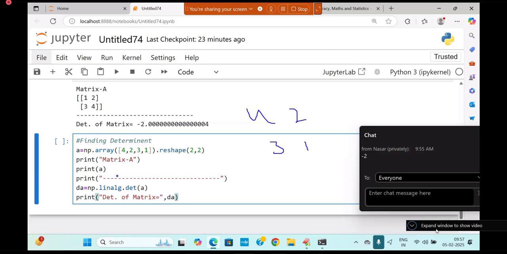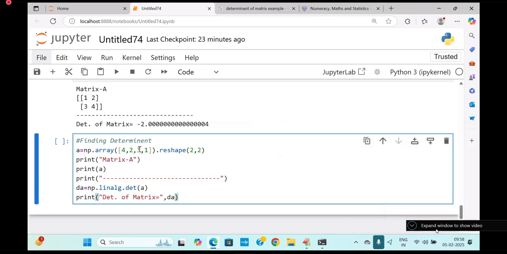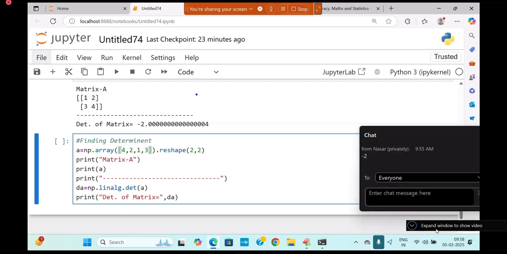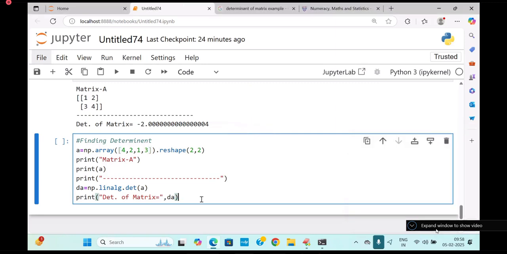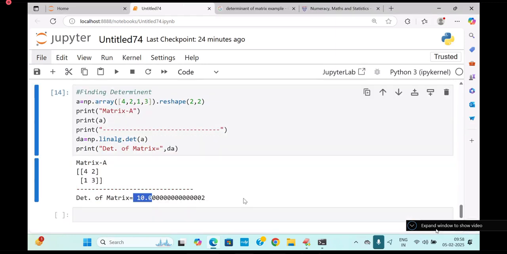If I take 1 3, it is going to be 4 2 1 3. It is going to be called what? 12 minus 2, which is called a 10. Are you following me now? Yes. So this is what we are going to get, the determinant of this given matrix.